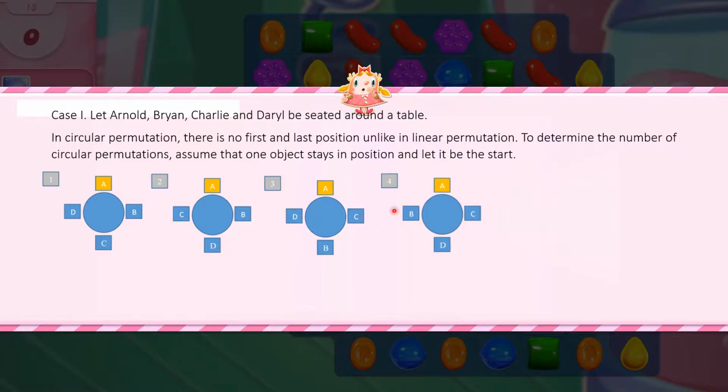Fourth, we have Arnold, Charlie, Daryl, and Brian. In the fifth, we have Arnold, Daryl, Brian, and Charlie. And for the last position, we have Arnold, Daryl, Charlie, and Brian.